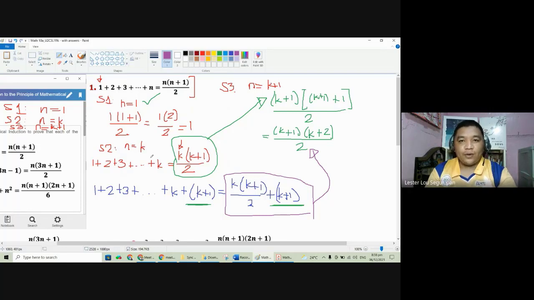After that, before going to step 3, we need to find out what we would like to prove. And what we would like to prove is if we are going to add another value on both sides of the expression having the same identity here, will this return to the right hand side of the step 2 equation by just changing it to k plus 1.